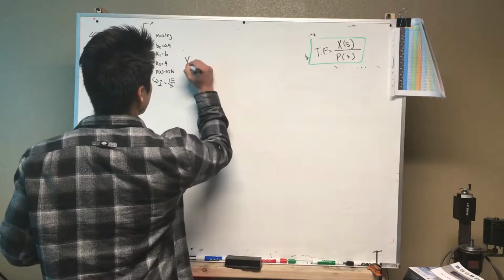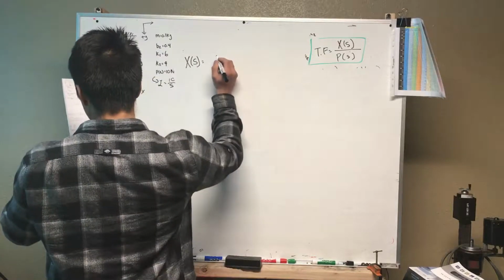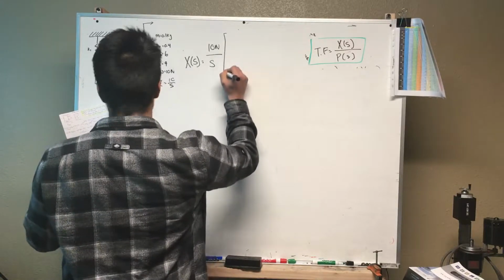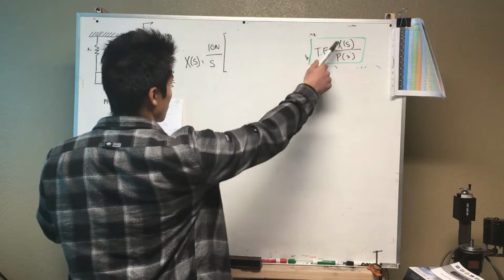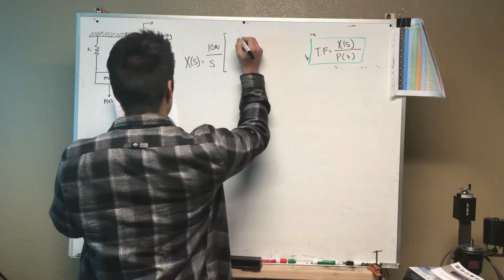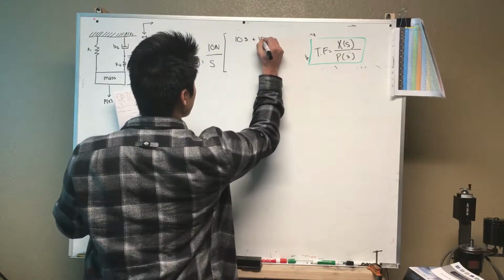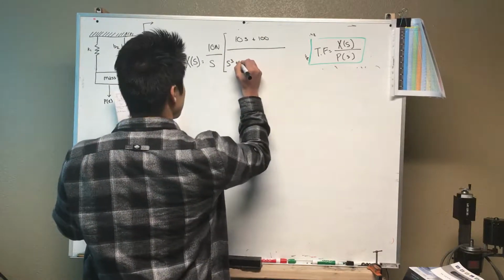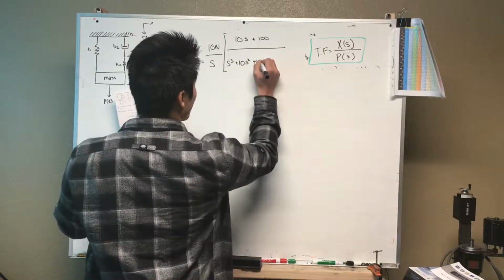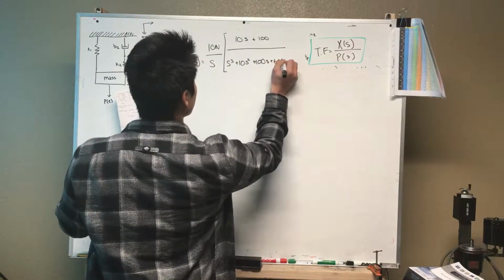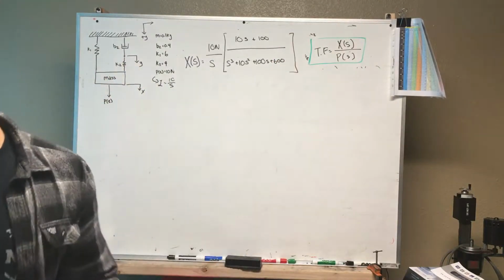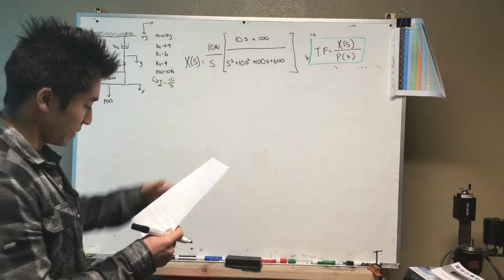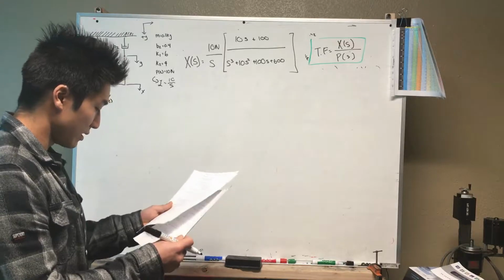So X of s is going to be 10 newtons over s multiplied by our transfer function that we had earlier of 10s plus 100 over s cubed plus 10s squared plus 100s plus 600. And then let me just go on to another slide.